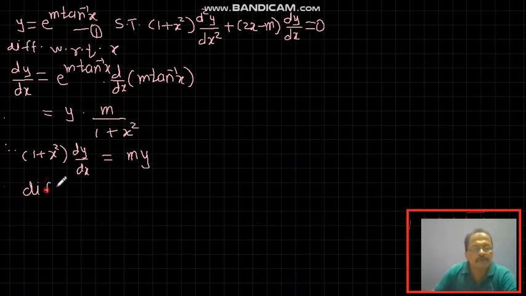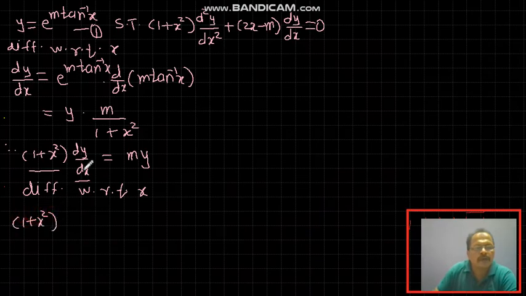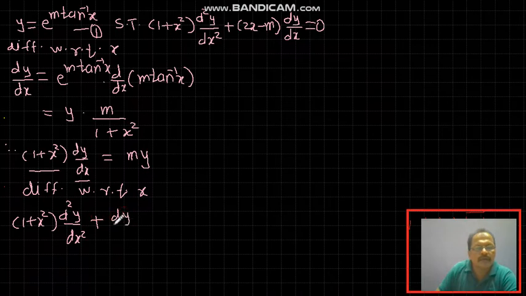Differentiating this with respect to x, we get, now on the left hand side, u into v, the product rule I am going to apply. 1 plus x square into derivative of dy by dx is d2y by dx square plus dy by dx as it is, derivative of 1 plus x square is 0 plus 2x.